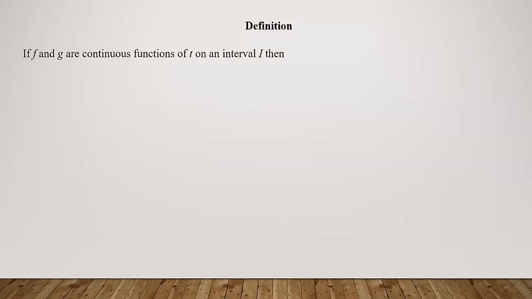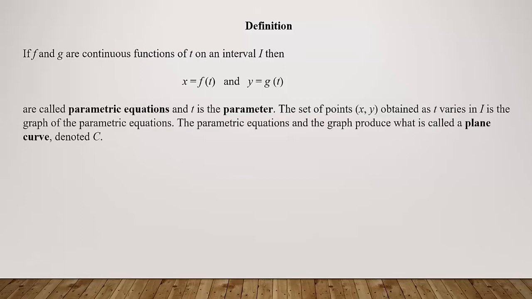If f and g are continuous functions of t on an interval I, then x equals f of t, y equals g of t. Those are called parametric equations, and t is simply called the parameter.